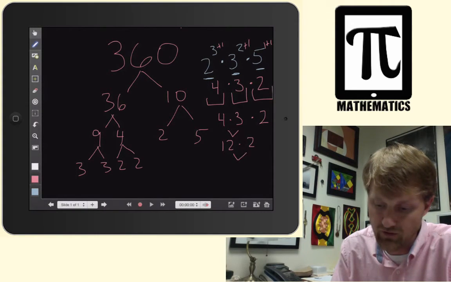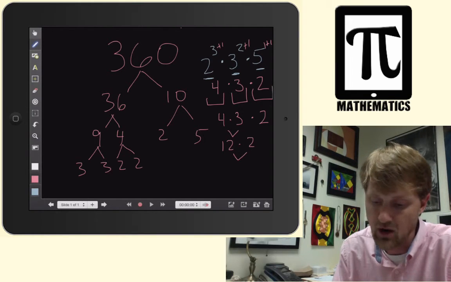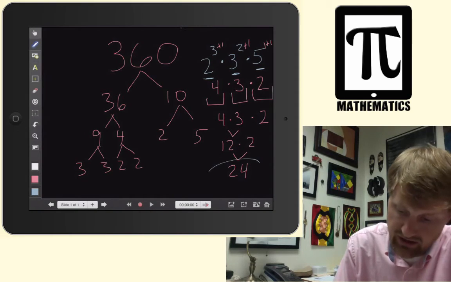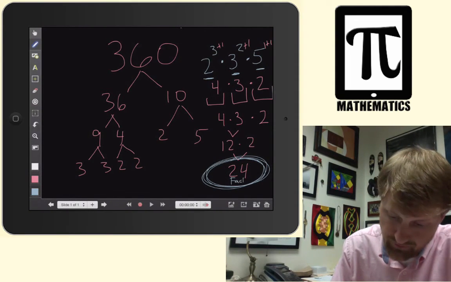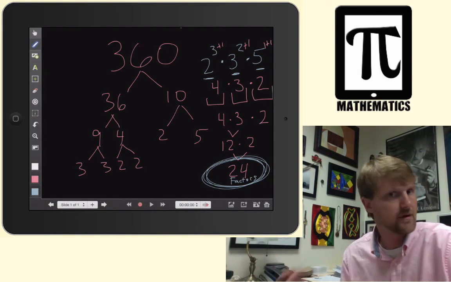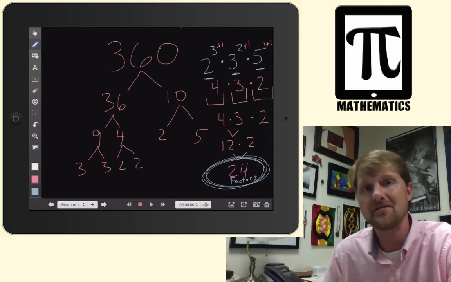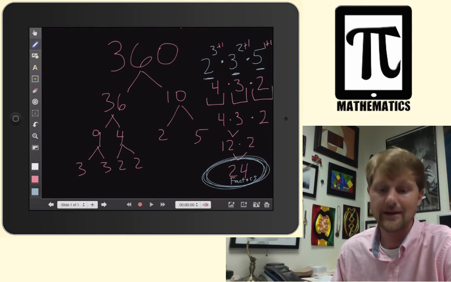And now we have 12 groups of 2 going with the 2 factors of 5, and that is our 24. So 360 has 24 factors. So any whole number, when you break it down into prime factorization, you can determine how many factors that number has. And so that would be the locker problem extension.